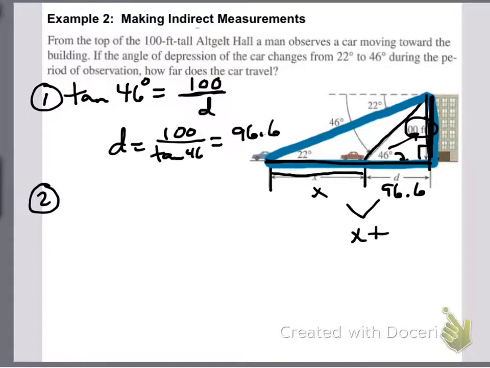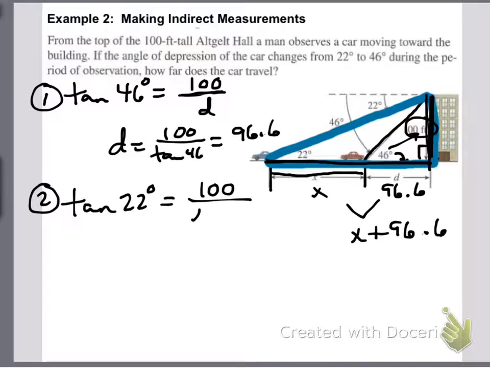Well, I would write it as x plus 96.6. Now, how am I going to write that in the equation? Well, we have tangent again because opposite over adjacent. So the tangent of 22 degrees equals 100 over x plus 96.6.